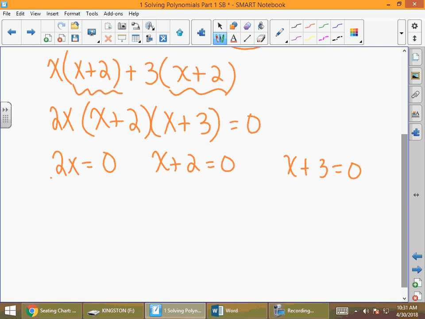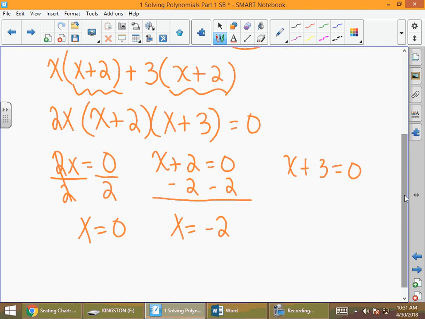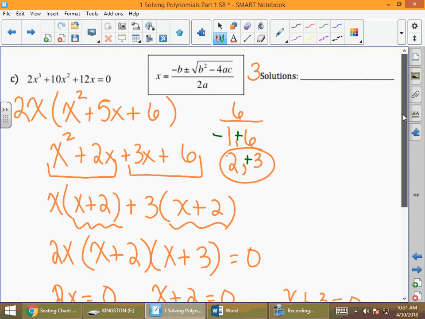When we divide both sides by 2, we get x equals 0. When we subtract 2 from both sides, we get x equals negative 2. And when we subtract 3 from both sides, we get x equals negative 3. 0, negative 2, negative 3.